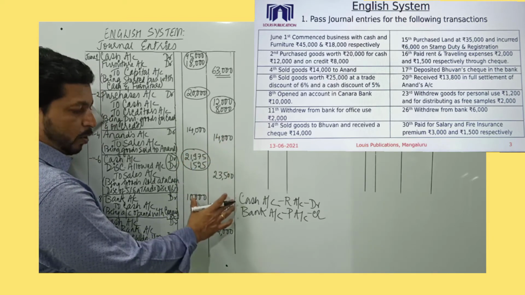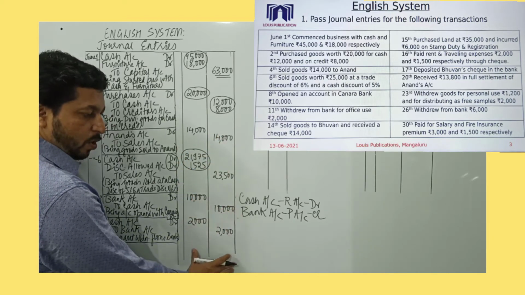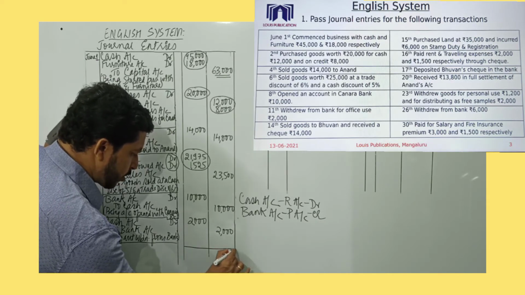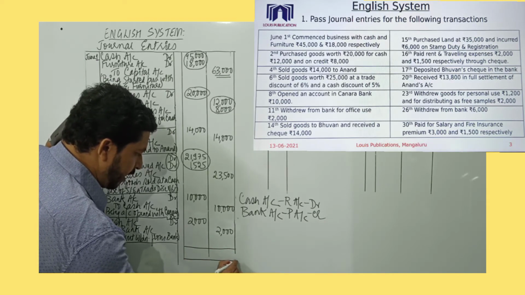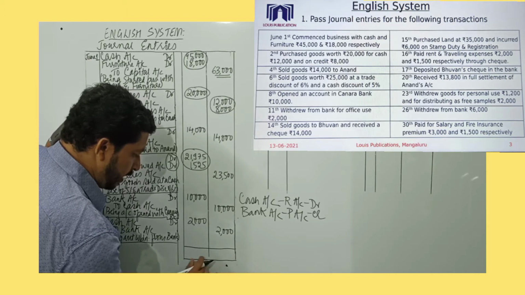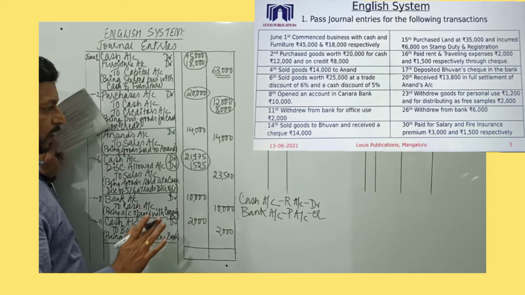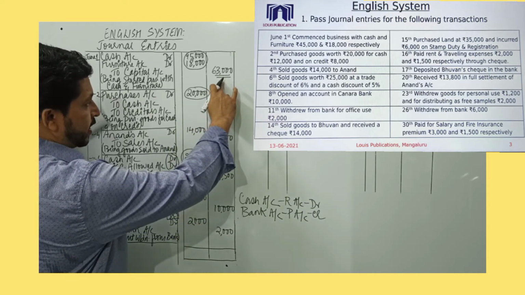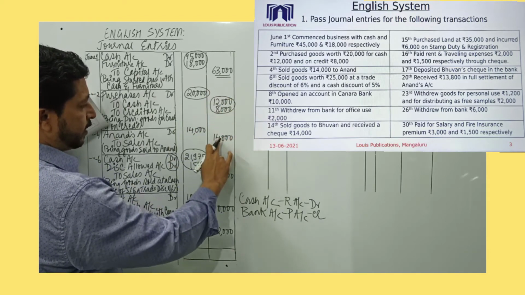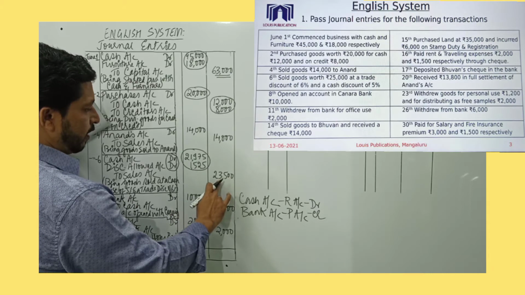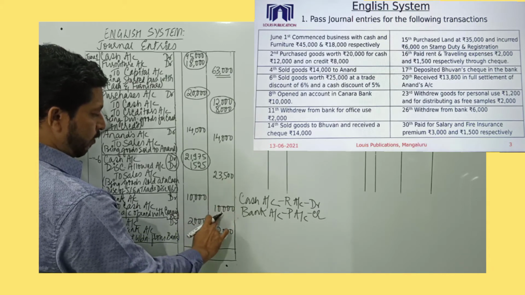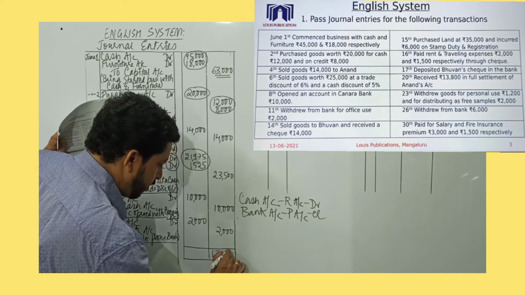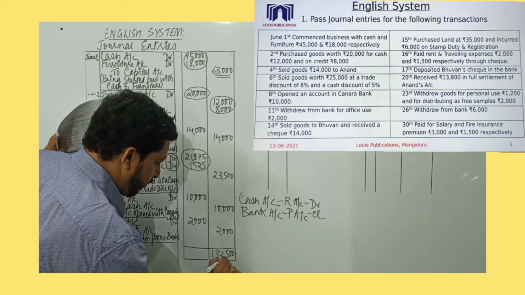Suppose you are writing in a book and the space on that particular page is over. So what you do is, you just draw the total line in the debit and credit amount column only. And you total the debits, total the credits. So you will get 63 plus 20 is 83, 87, 97, 1 lakh 20, 1 lakh 30, 1 lakh 32,500.